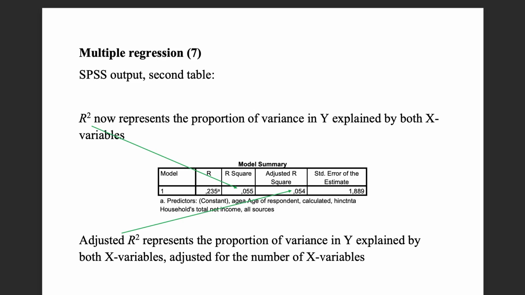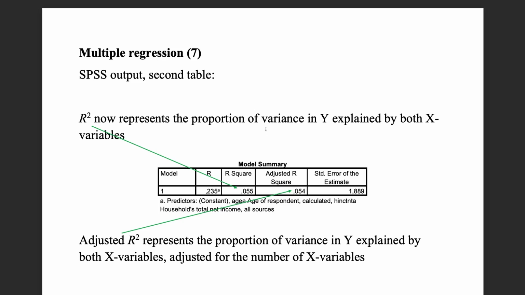And so the idea is that there is a formula to adjust your R square value in such a way that it is being brought down a little bit depending on how many independent variables you have in your model. So in this case, we have 2 independent variables, so there's a little bit of a difference between the adjusted R square and the original R square, because it is compensating for the fact that we now have 2 variables included. If we had 10 variables included, that value would be even a little bit smaller. If we had 20 variables included, it would be smaller still.